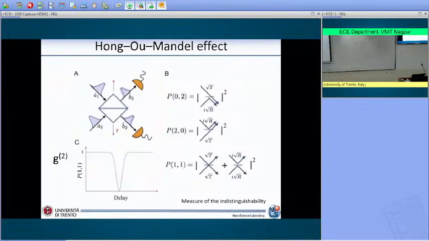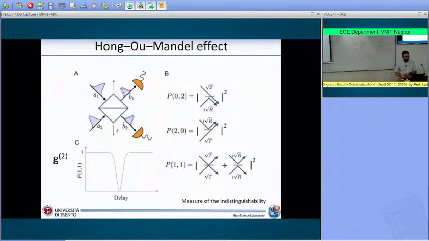Meaning the probability to have two photons here, to have two photons there, to have one photon here, and to have one photon there. However, this is quite a complicated situation. Why?